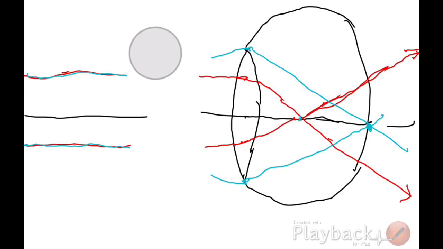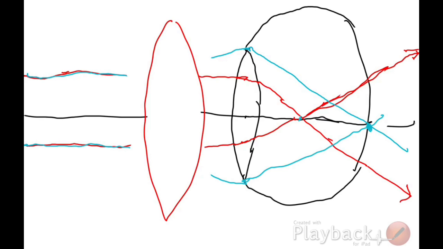Well, we can say that a convex lens is going to converge those lines before they get to your eye, so it's actually going to move those rays closer, or even farther this way.